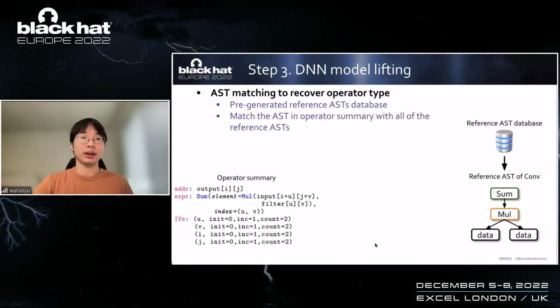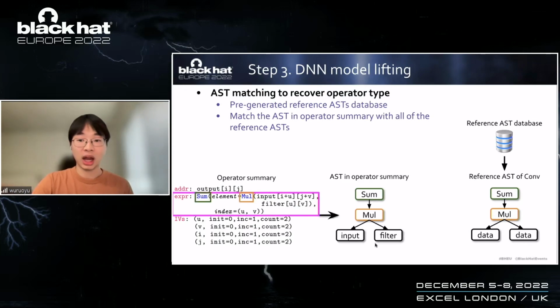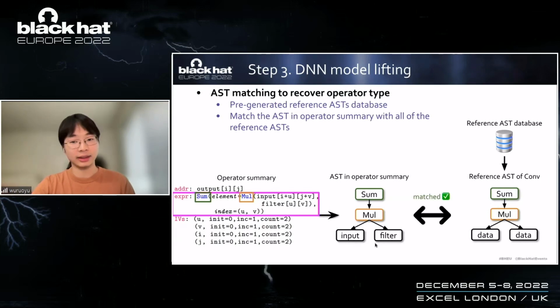After that, we match the AST included in the operator summary we previously generated with the reference ASTs. We consider the operator type to be that of a reference AST if their ASTs match. For instance, here we match the AST in the operator summary with the convolution operator's reference AST in our database, and it is a match. So we consider this operator a convolution operator.